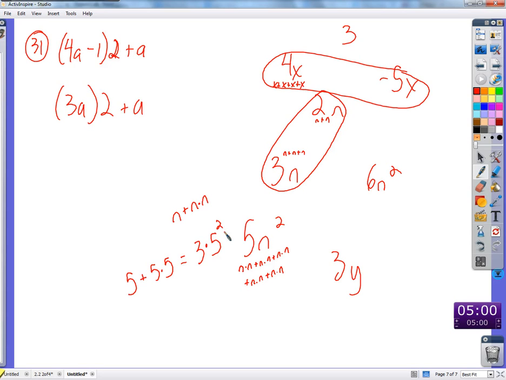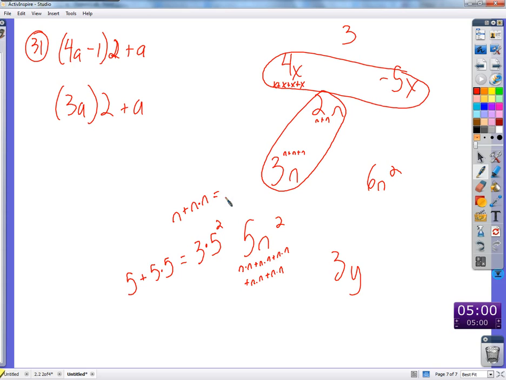It's not 2 times 5. There's no way to put them together in a way that you could, over here, say 3n squared or 2n squared. It's like when we try to add two fractions that don't have the same denominator. They're just not the same thing. You just cannot get together two things that are unlike each other.